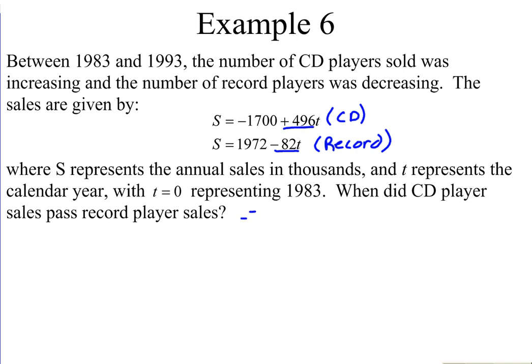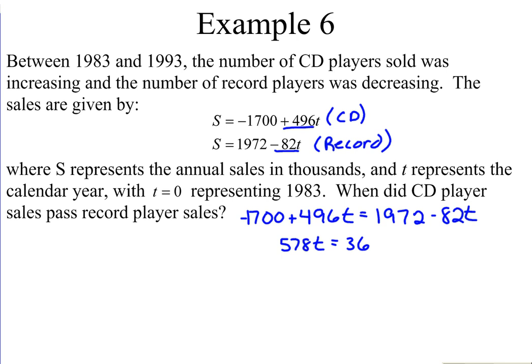So in this case, set the two equations equal to each other. Negative 1700 plus 496t equals 1972 minus 82t. Get everything with a t on one side. 578t. Add the 1700 over. Divide. T is 6.353.